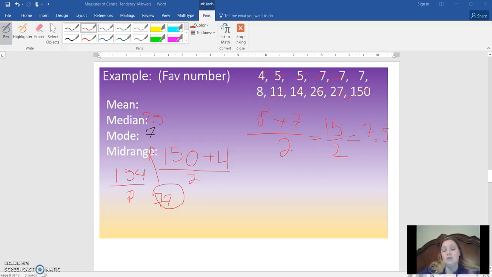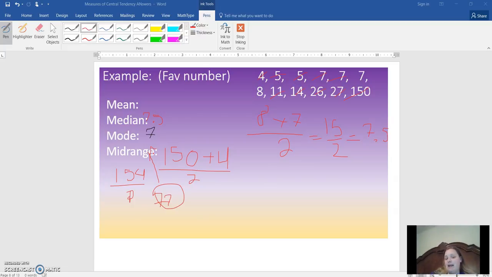All right, the reason is, and we're going to learn mathematically how to find it later, that 150 is an outlier. If I took out 150 and did 27 instead, plus 4, that's 31, and 31 divided by 4 is 7.75.